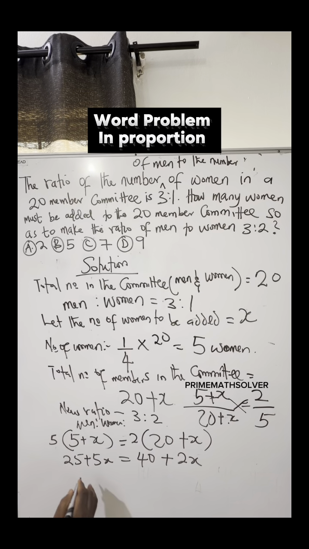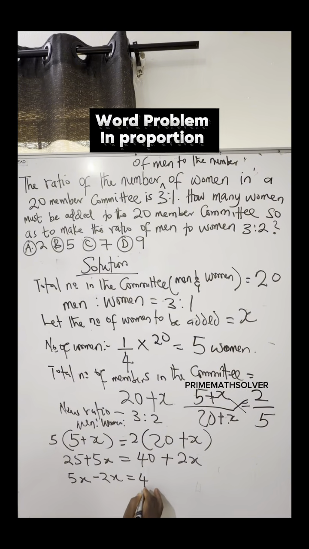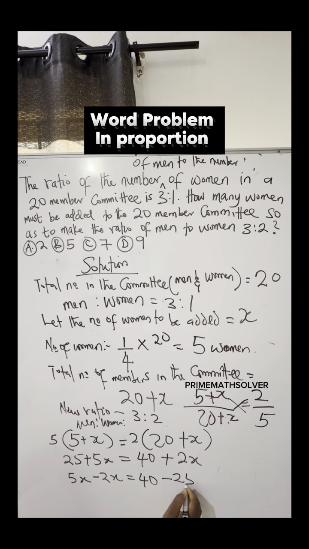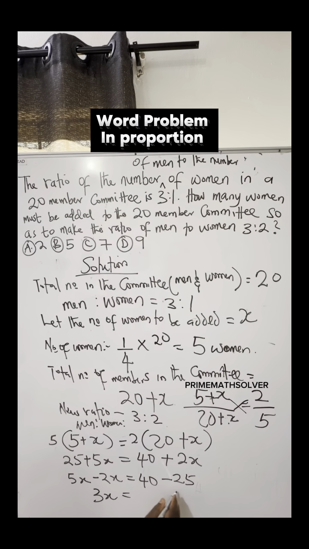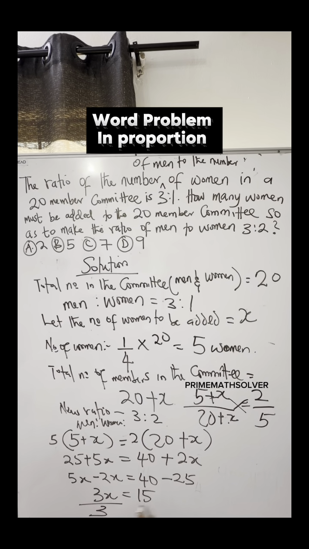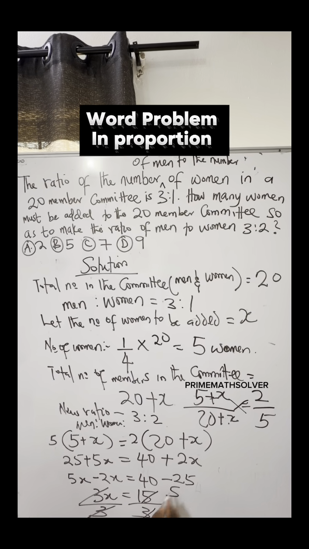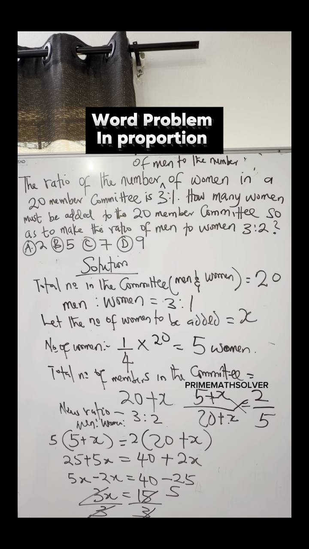So let's bring like terms. We now have 5x minus 2x equals 40 minus 25. So this will give us 3x equals 15. Divided by 3, divided by 3, we get 5. So your x will be equal to 5.